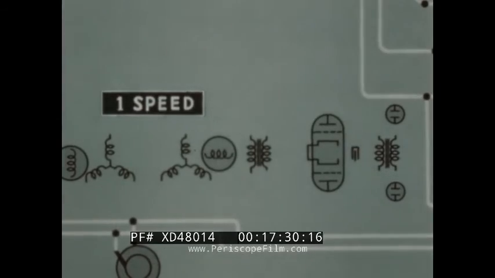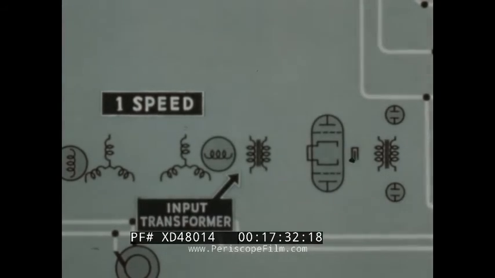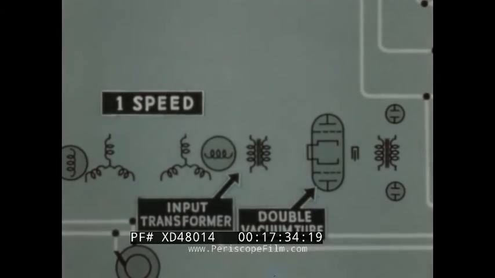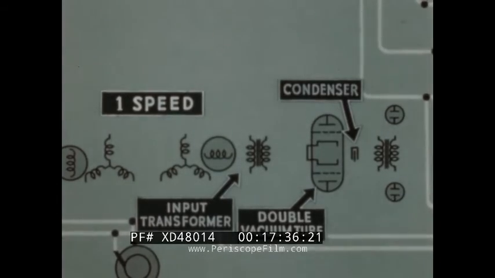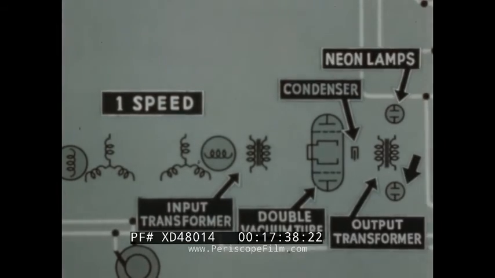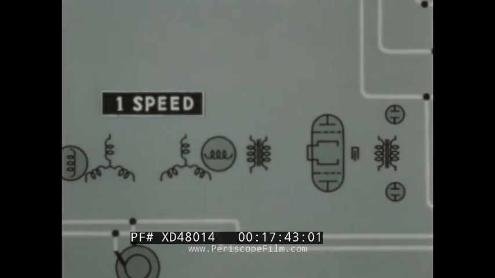These parts, the one-speed Selsyn units, input transformer, double vacuum tube, condenser, output transformer, and 2 neon lamps, are wired into a circuit.